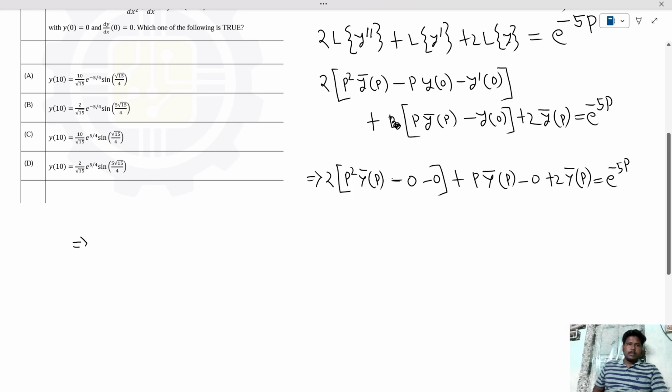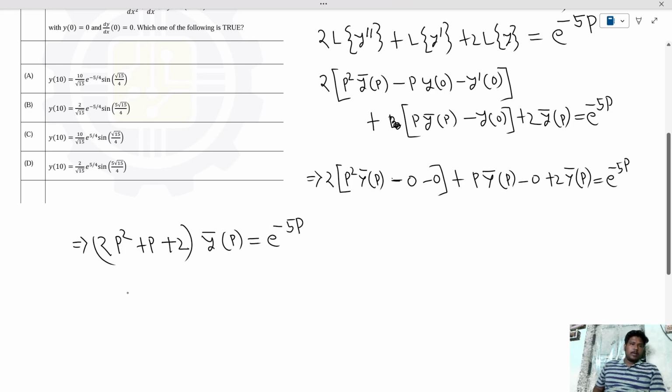So this can be written as, now if we take y bar p common, it will come 2p square plus p plus 2, y bar p equals e to the power minus 5p.